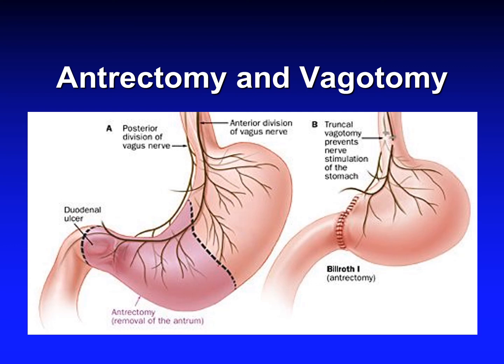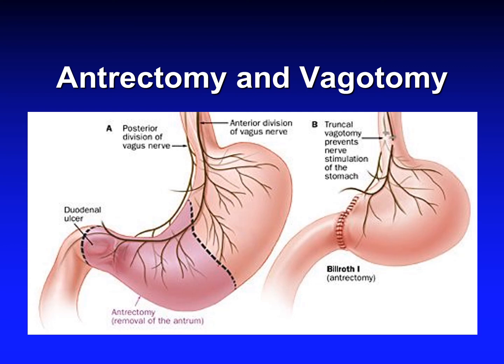This is basically a picture of the antrectomy, the purple side of the stomach that can be removed surgically, as shown on the picture on the right-hand side, Roux-en-Y technique.